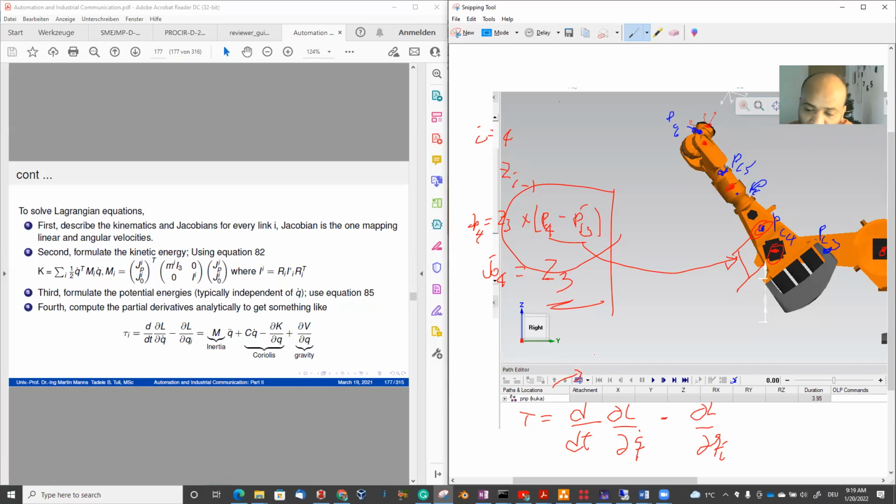But first we have to know what the Lagrangian is. It is the difference of kinetic energy minus potential energy. This is tau, the Greek letter tau, the kinetic energy.